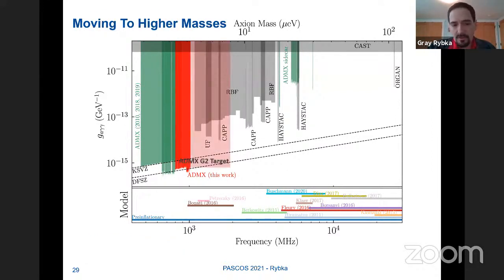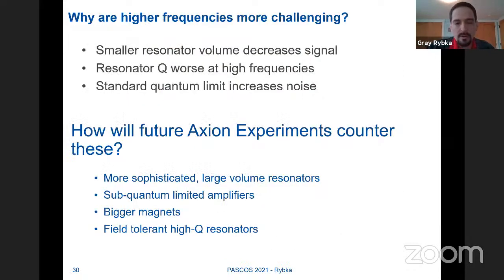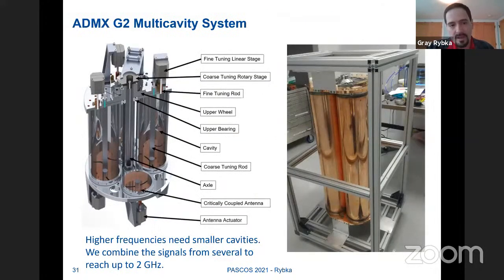So ADMX-G2, what we're running right now, we hope to get all the way up to about 2 gigahertz. It's hard to go to higher frequencies because the resonator volume gets smaller, the Q gets worse, the noise gets worse, and we have plans to counter these with technology, and I'll go into those.